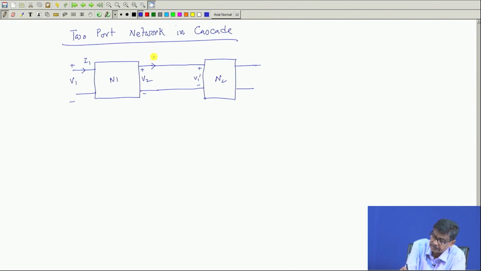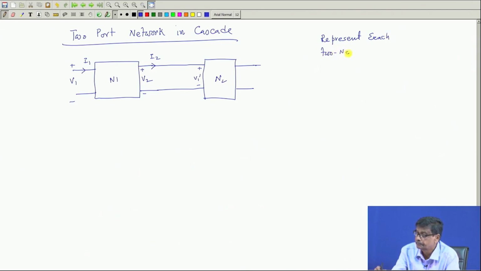Let us show that this is I1. For two, I will represent each two-port network in terms of ABCD parameters.